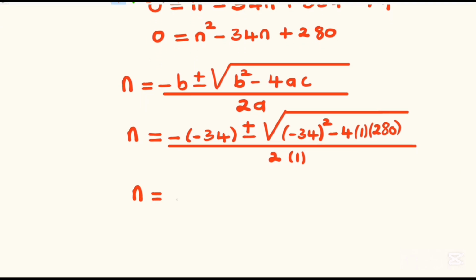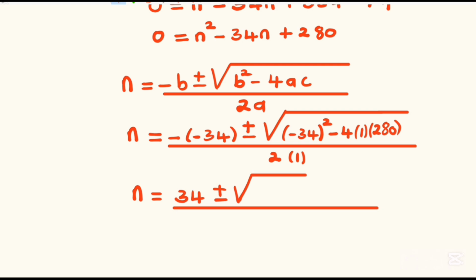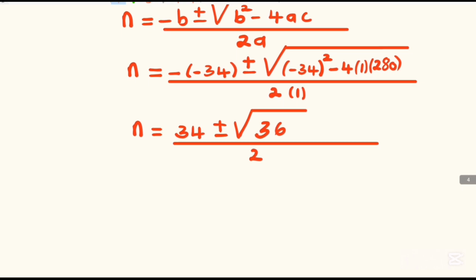n will be equal to, so negative multiplied by negative 34 will be positive 34, plus or minus. So let's determine the discriminant. The discriminant of this quadratic equation will be equal to 36, and this is divided by 2.